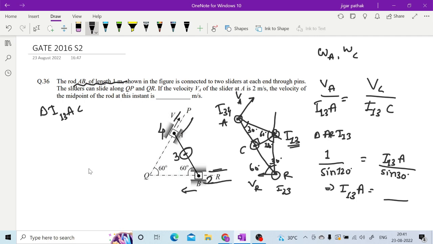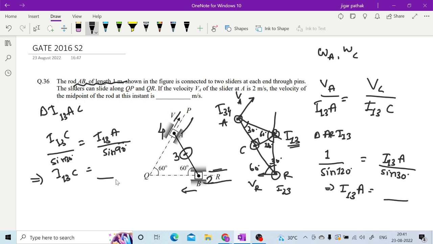So I13C upon sine 30 will be equal to I13A upon sine 90. As you have calculated I13A, you can now calculate I13C.